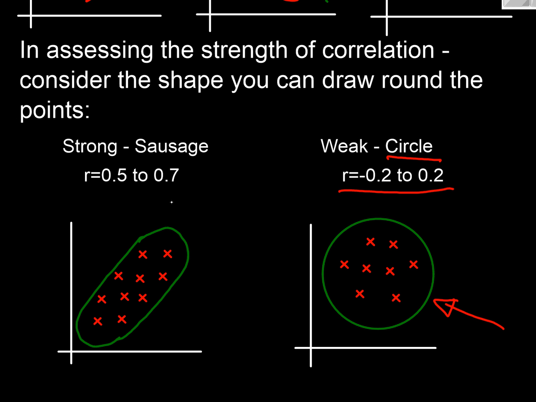But if we mark our points and then we can draw a sausage around them, that shows us that we've got reasonably strong correlation. We've probably got values of 0.5 to 0.7. In the example we had earlier, where it was a very narrow sausage, we were able to get a much higher value, and we were nearly at 1, weren't we, at 0.9 in effect. So the width of your sausage is going to tell you how strongly correlated they are.